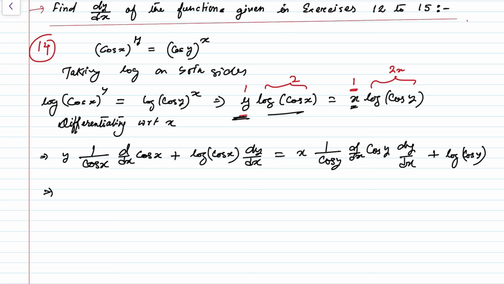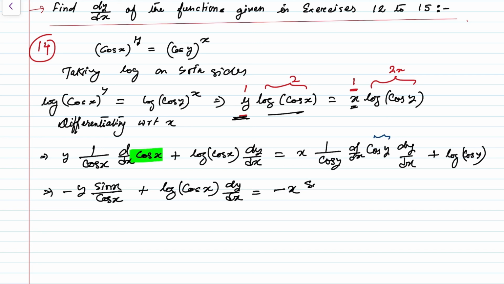So here, we know the derivative of cos x is minus sin x, so it will be minus y by sin x by cos x, then plus log of cos x dy by dx, is equal to minus x. We know the derivative of cos y is minus sin y, so sin y by cos y dy by dx plus log of cos y.